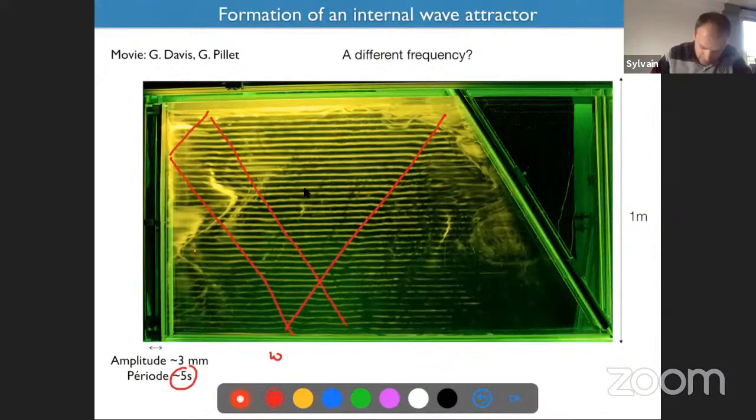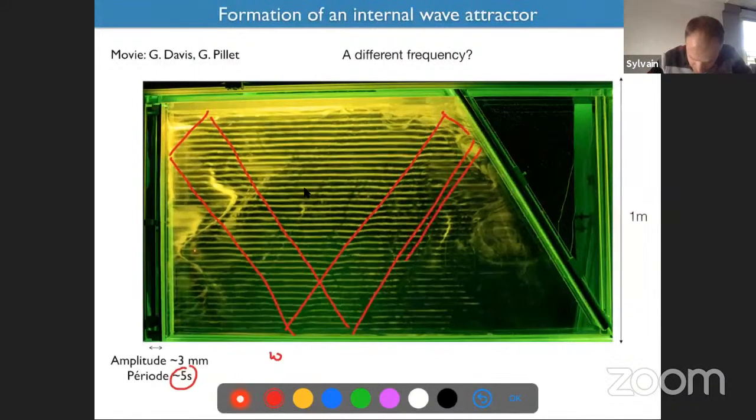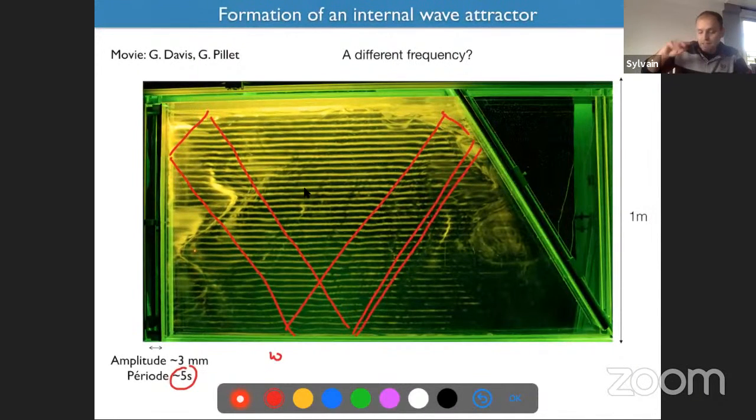We'll start again. If you look carefully, this one is more in this direction, but you also have a pattern that is obtained after a few forcing periods. And that's something peculiar because you have this trapezoidal geometry, but it's not by chance.